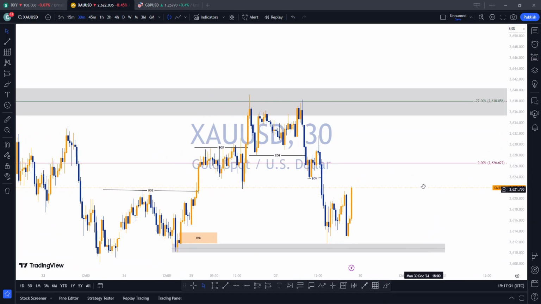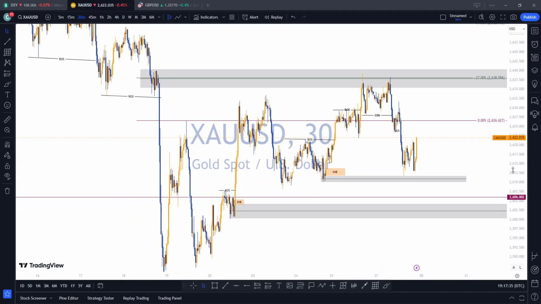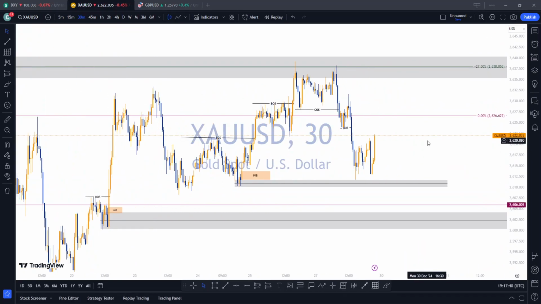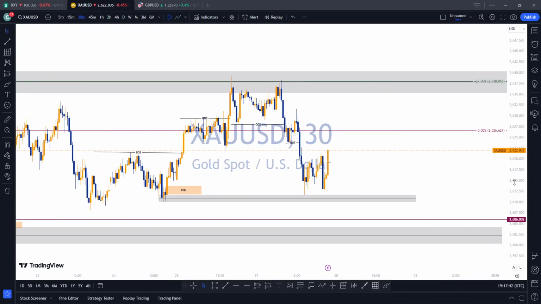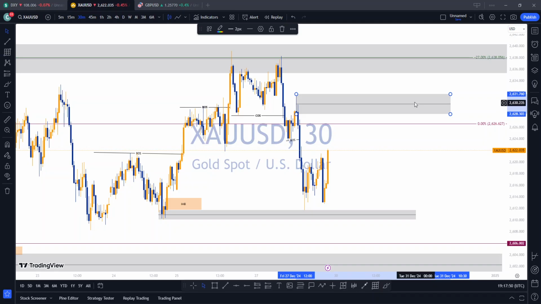So let's see. I'm gonna see how the market reacts around this area right here. So if you're gonna buy to this area, because the market might tap in here.